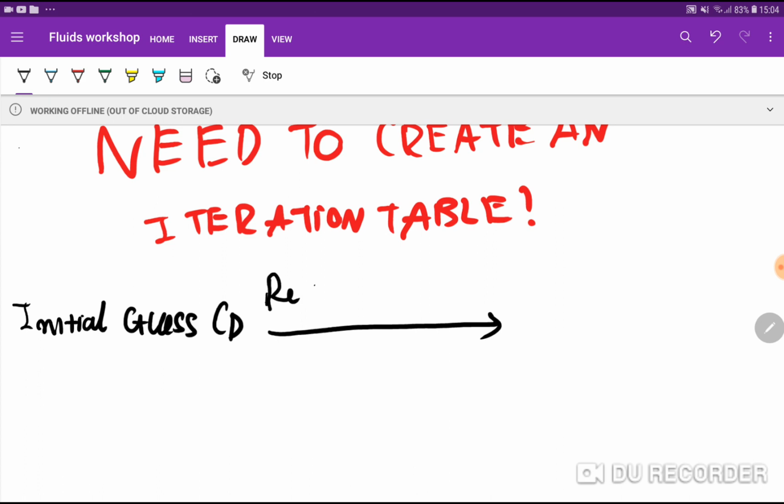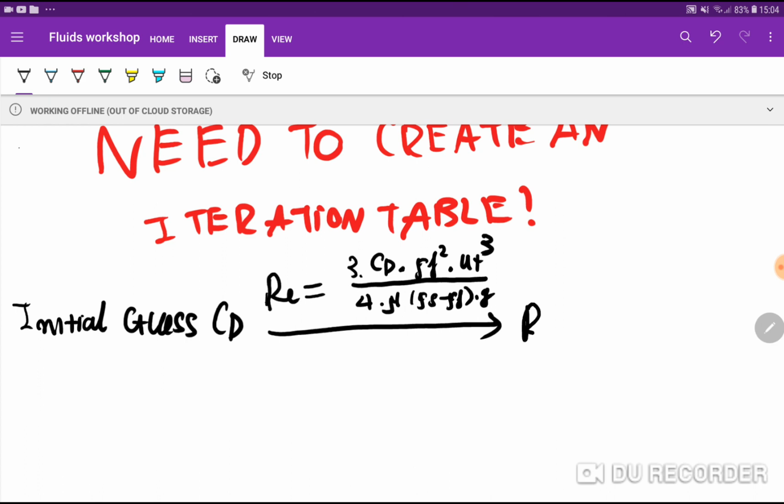So from Cd to Re, from drag coefficient to Reynolds number, you're going to use this: Reynolds number equals 3 times Cd times rho f squared times ut cubed, over 4 times mu times (rho s minus rho f) times g. Okay, you're going to get the Reynolds number.